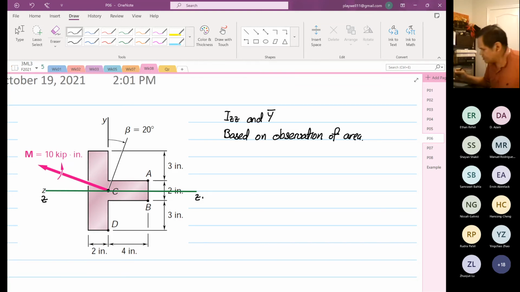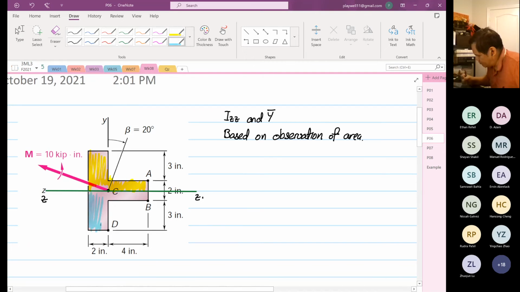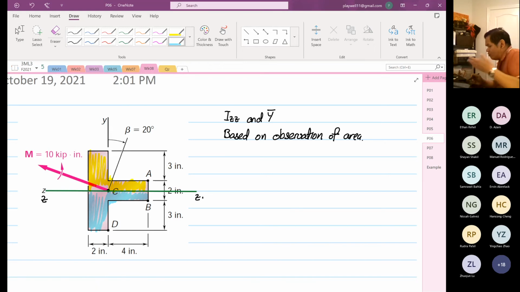Now I'm going to be like 10 minutes longer, just to warn you guys. The area where I'm shading now in yellow and the area I've been shading down in blue, they're the same, yes or no? When that's the same, we know where the centroid is.